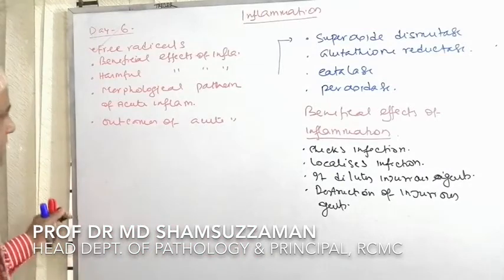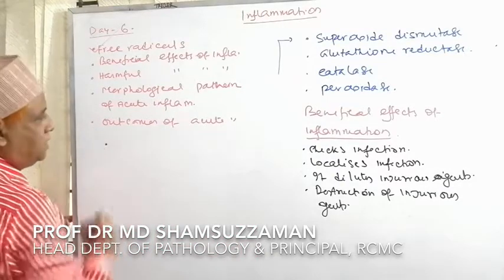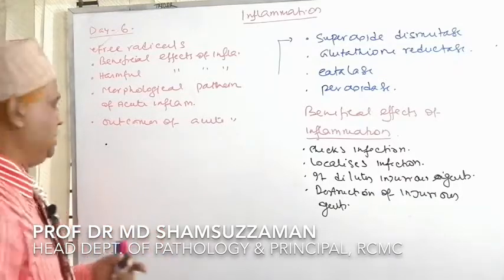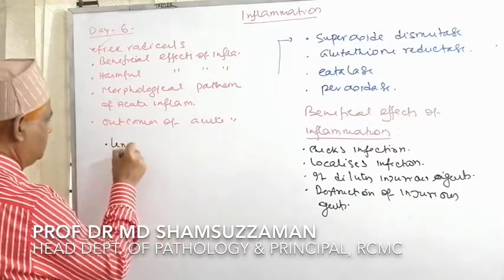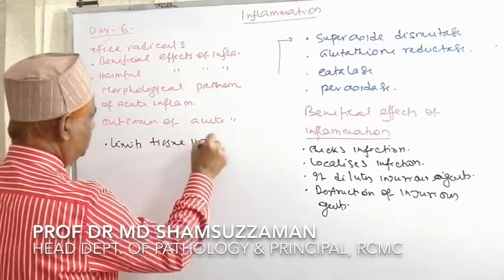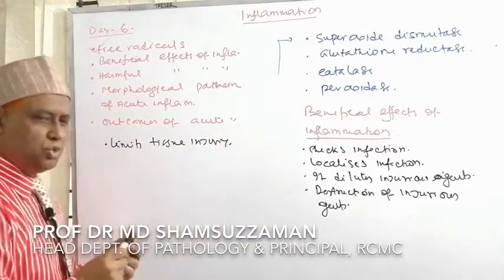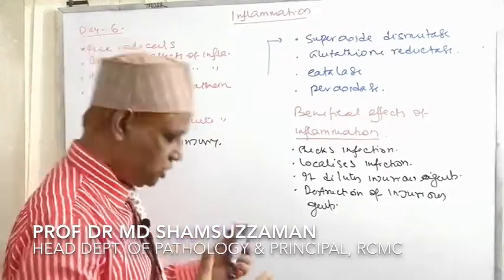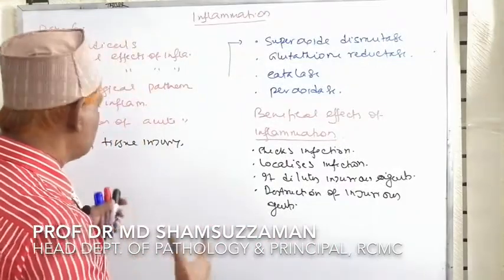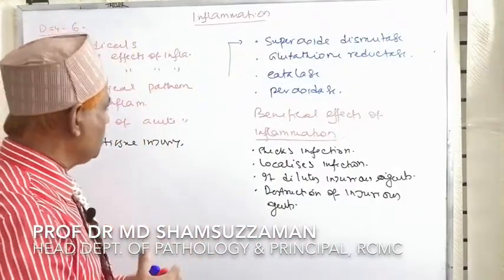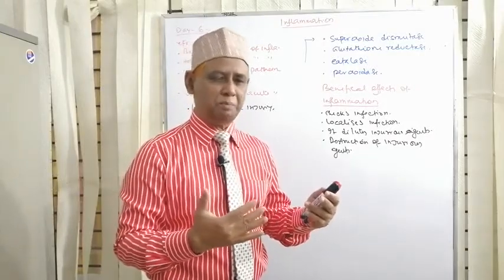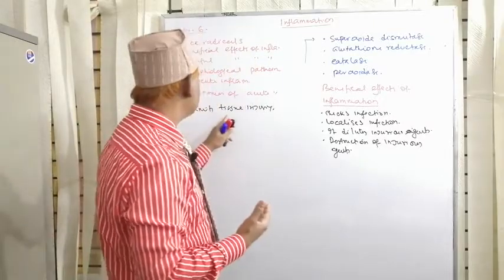Another beneficial effect: inflammation limits tissue injury. How does it limit tissue injury? Dear audience, due to clotting of exudates, spread of inflammation is prevented. As spread of inflammation is prevented, it limits tissue injury.